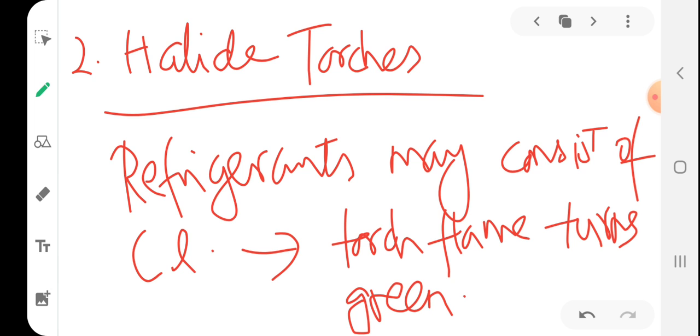So that is a property of halide torch. If a halide torch is exposed to chlorine atoms, the flame will turn green. So we can conclude that if the torch flame turns green, then there is a leakage.